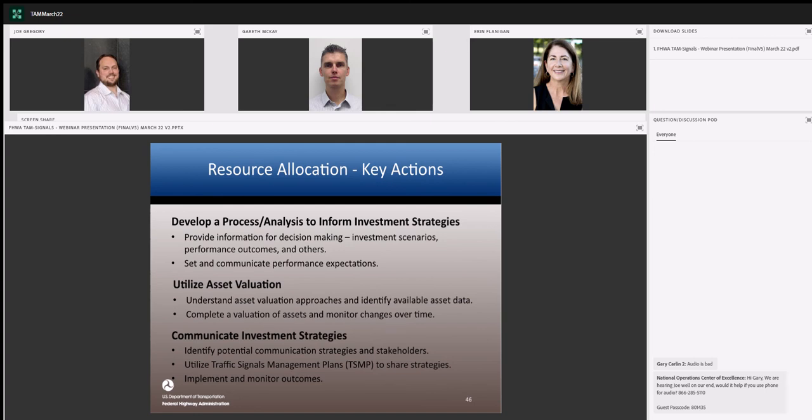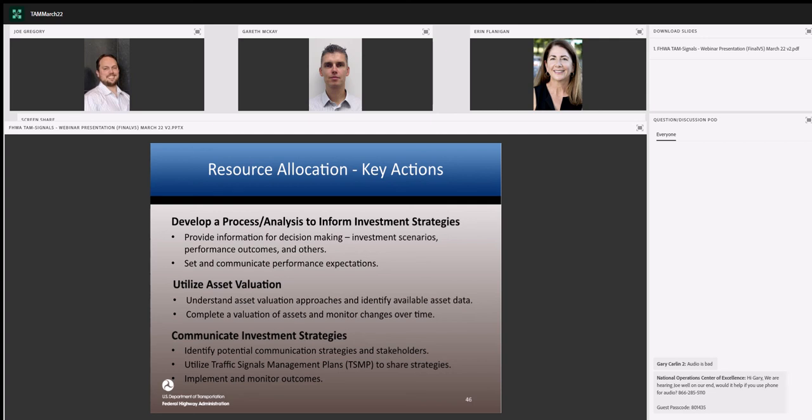From a resource allocation perspective, the first thing to do is develop a process or analysis to inform investment strategies, to look at different life cycle planning approaches and understand the outcomes from those, and from different investment levels, what performance outcomes can be achieved.